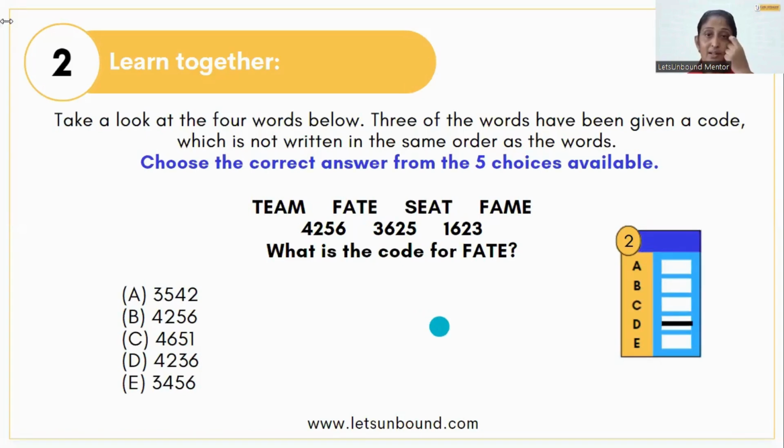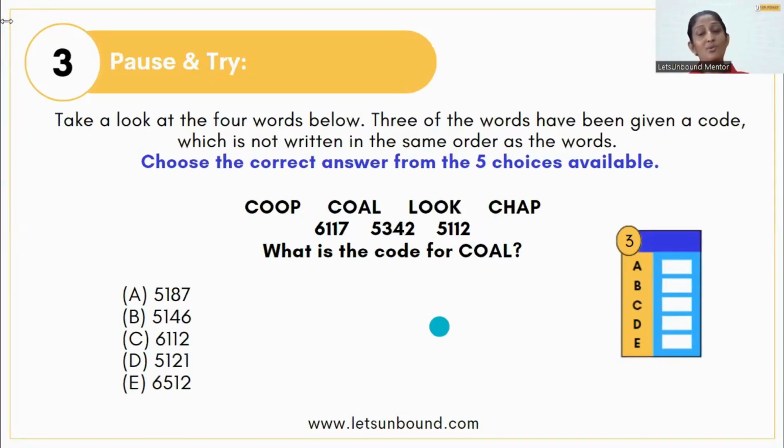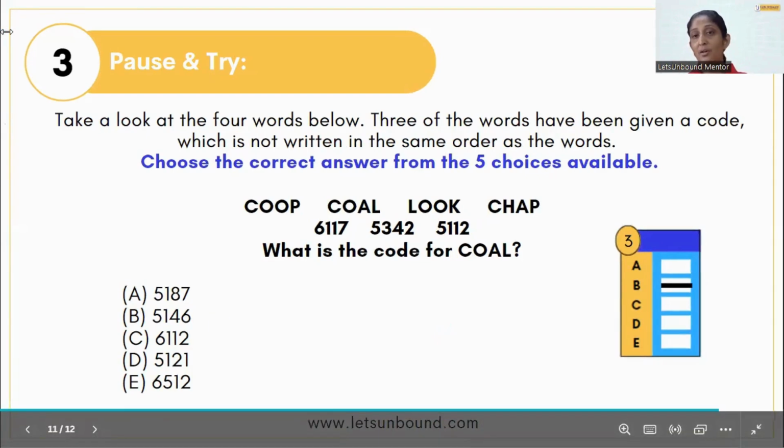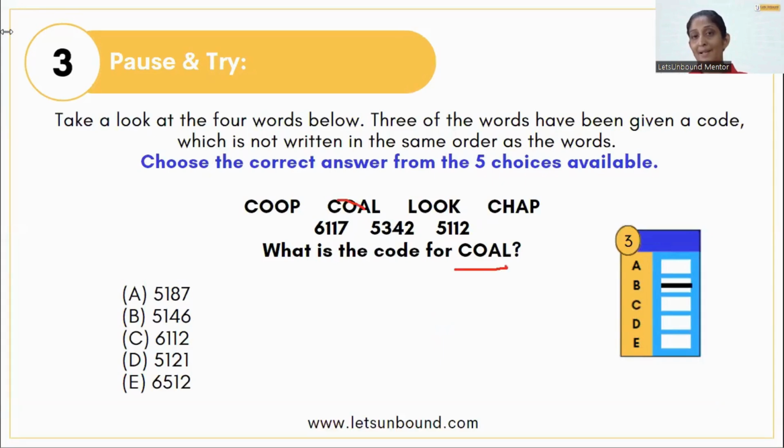Now, there is this one example which I just want you to try on your own. You can try it out. All right. See, I'm going to give you a hint here. You have to find the option for COAL. So obviously, this is crossed out. And one more hint that I'm going to give you is we have double O in this. And out of these three, we can see that double O is also there in LOOK.